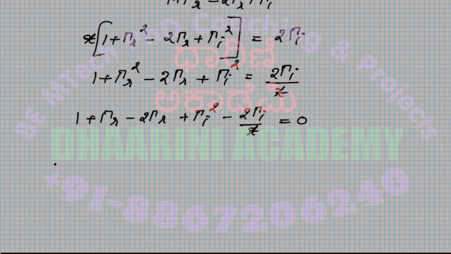Let me try to write the proper square first. Sorry, this is gamma r square. So that is gamma r square minus 2 times gamma r plus 1. So this is a perfect square.